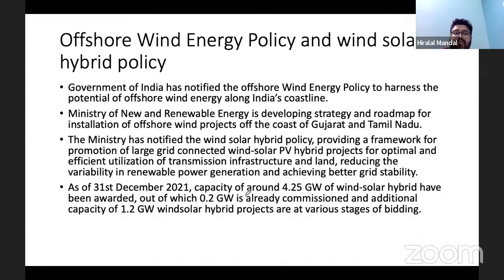And at the same time, the wind solar power hybrid policy has also been announced by the government. Under this one, in order to save money, both wind and solar power production units can be set up in a single unit. So that's what has been announced by the government.